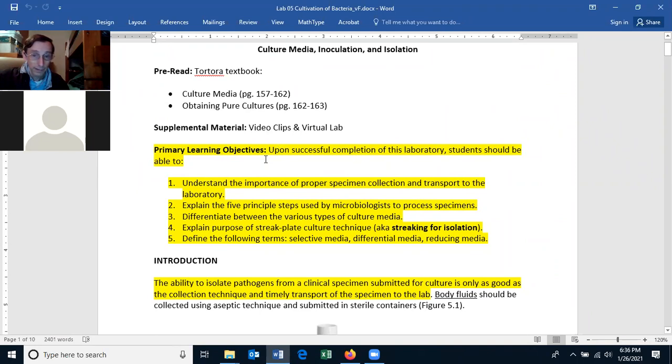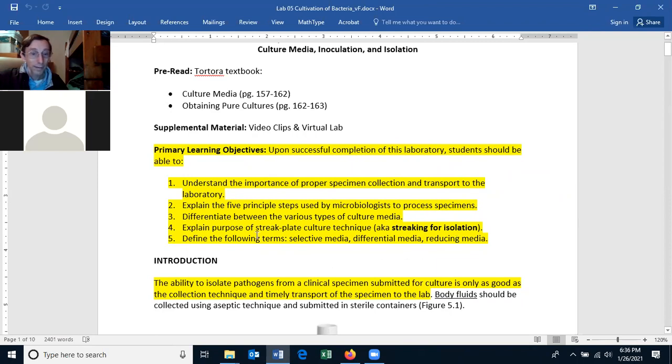Your learning objectives: upon successfully completing this laboratory, you should be able to understand the importance of proper specimen collection and transport to the laboratory, be able to explain the 5 principal steps used by microbiologists to process specimens, differentiate between the various types of culture media, and explain the purpose of streak plate culture technique, meaning streaking for colony isolation.